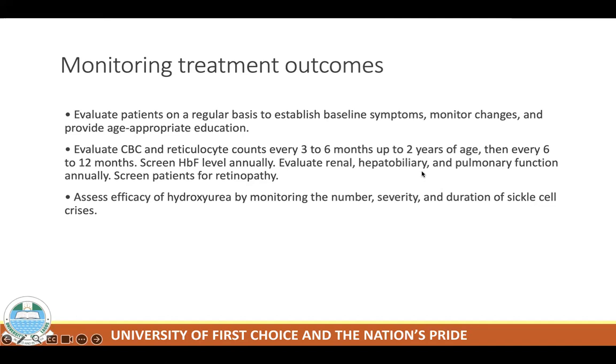Yes, I mentioned vaccinations specifically recommended for individuals with sickle cell disease. It's in the notes, which I'm going to provide to you at the end of this lecture as well.